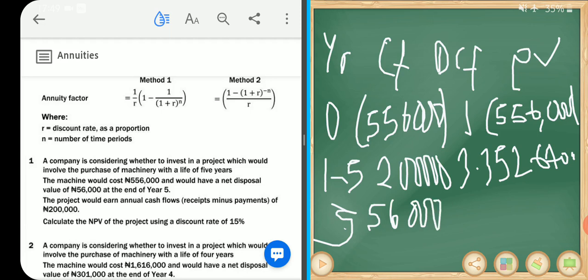Then we will now find the discounting factor of year 5 alone using that first formula I told you, which is 1 all over 1 plus r raised to power n, or 1 plus r raised to power minus n.